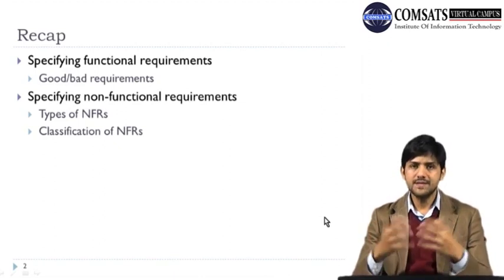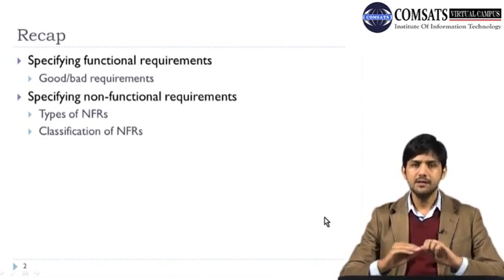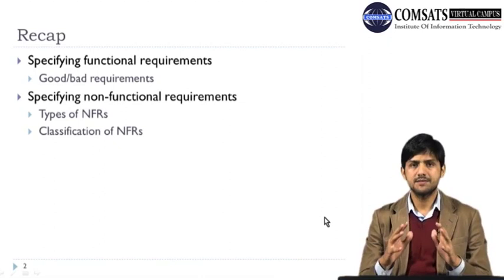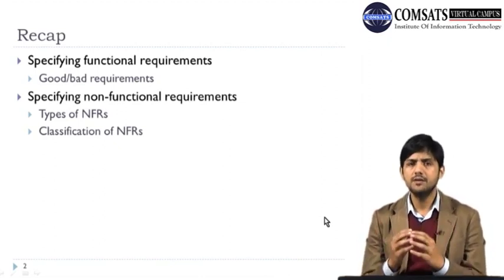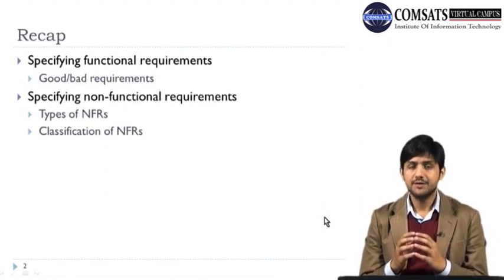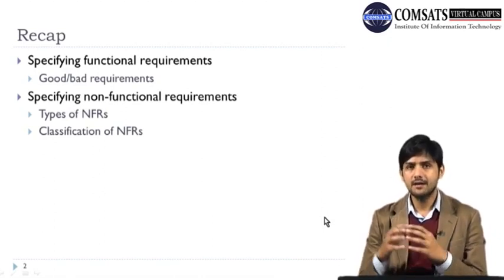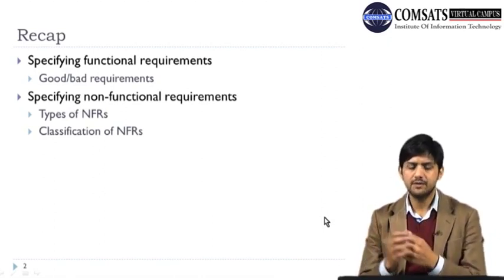So depending on the detail and how requirements are specified, we can differentiate them, and a non-functional requirement can become functional if we can translate that constraint into the functionality of the product.